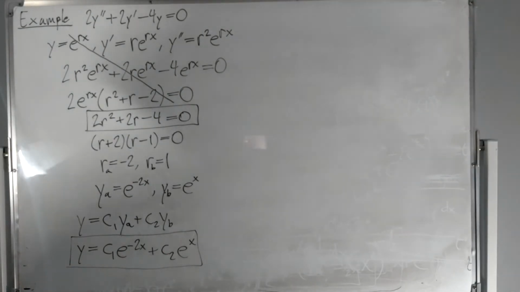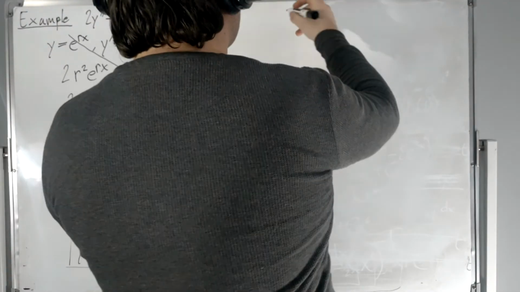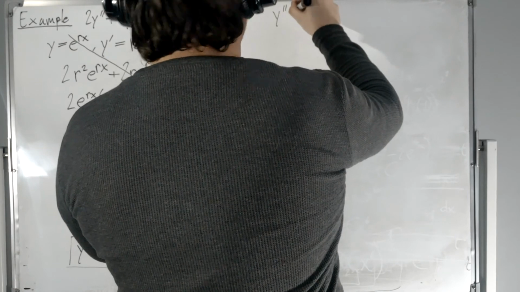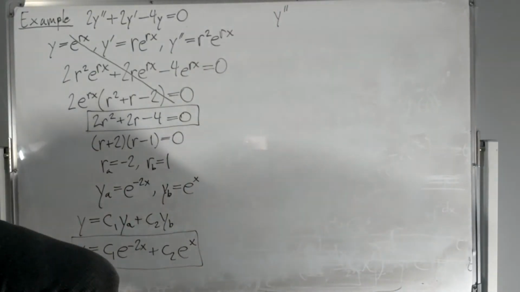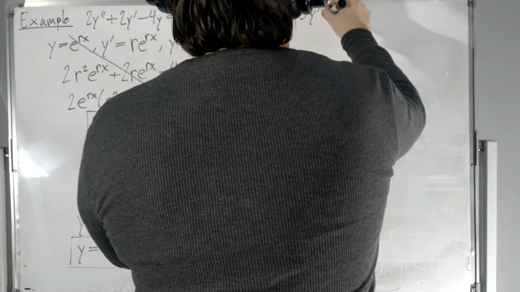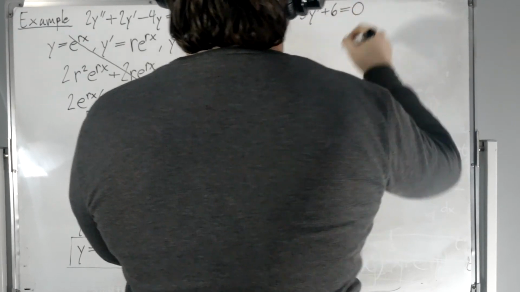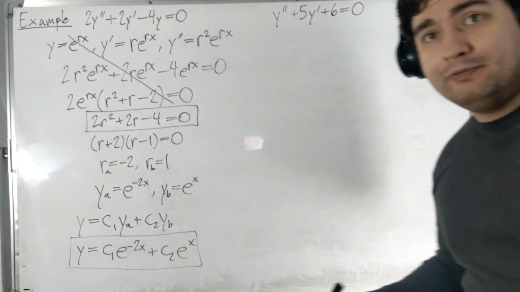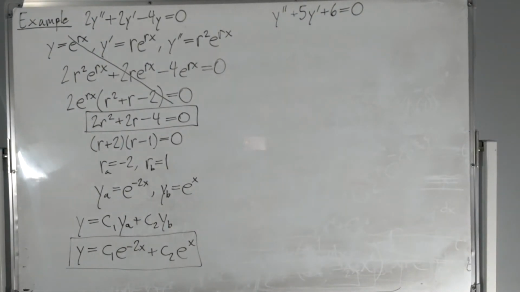So let's look at another example. Let's say we have y prime prime plus 5y prime plus 6y equals 0. And we're going to try to find the general solution of this ODE.